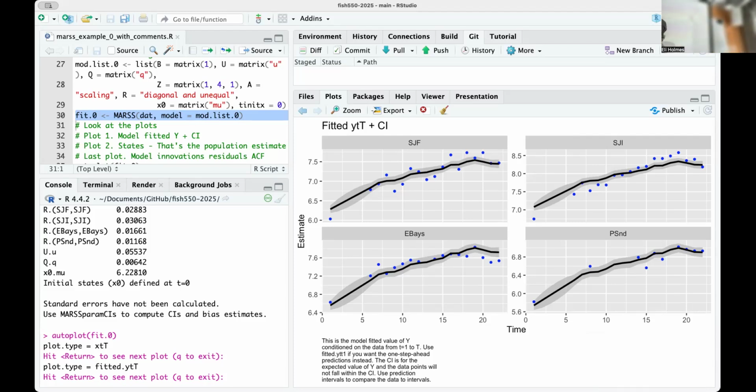So this is the fitted value of Y conditioned on the observations of the data. These are the data. We had Y equals X plus some error.